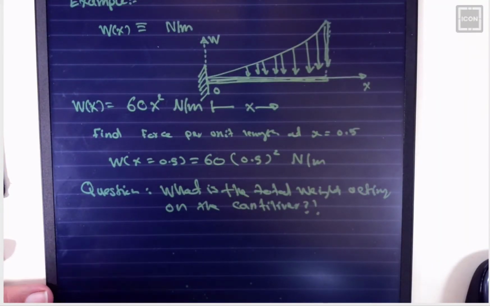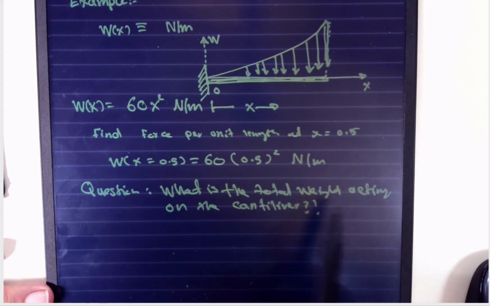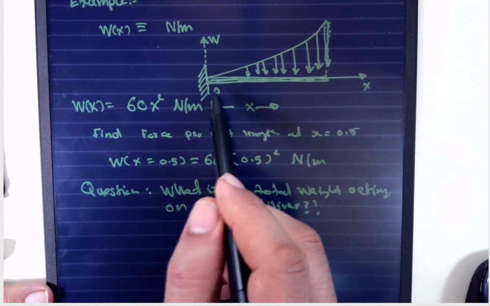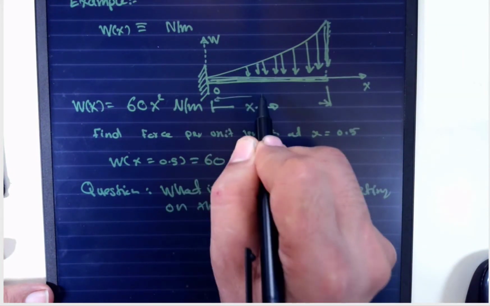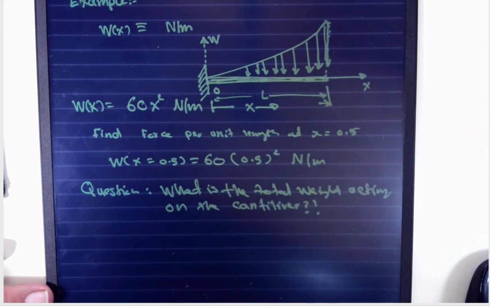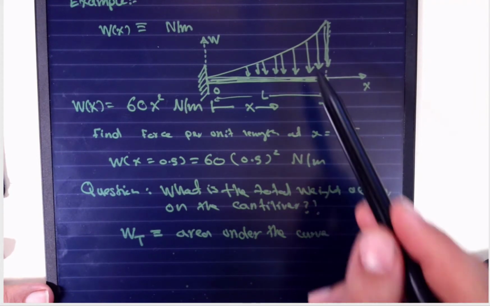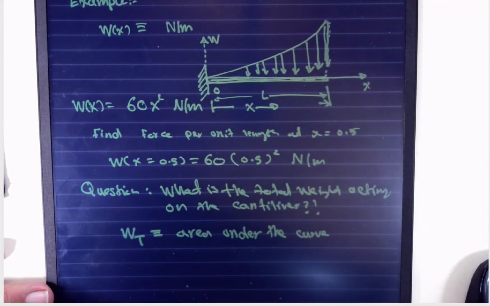Now, if someone asks you what is the total weight acting on the entire cantilever from 0 until L, assuming that the total length of the cantilever is L, how much is the total weight? We know from calculus that the total area is the integration under the curve, and the total weight is the area under the curve.